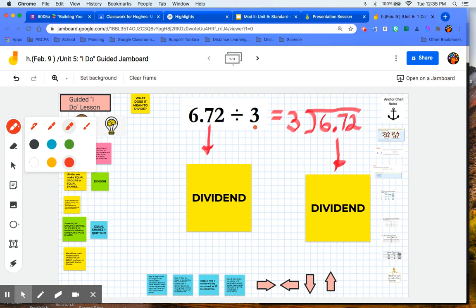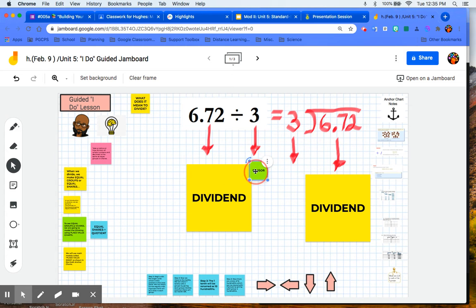That is called, and I'll call it the second D, it's called a divisor. A divisor is how many equal shares you're trying to find in the dividend. Dividend and divisor.